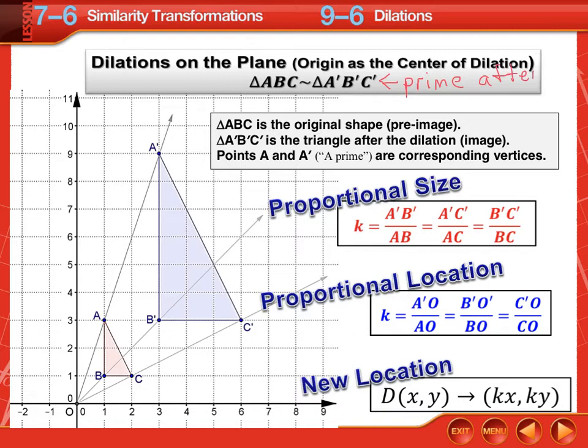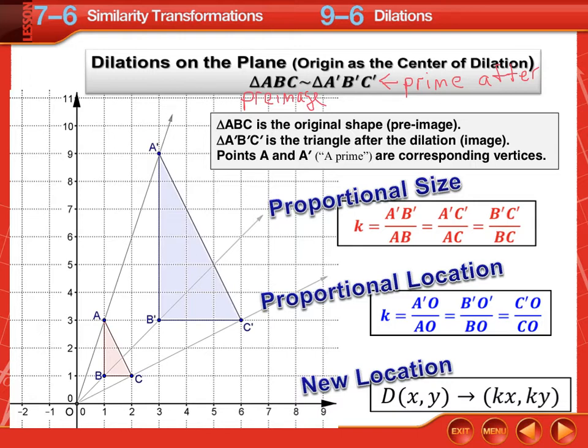By the way, we're going to use the same notation for congruent transformations as well. And the vertices, or the shape that does not have the prime, is going to be associated with the before transformation or the pre-image. So that's a convention that we're going to need to get comfortable with and learn to read.